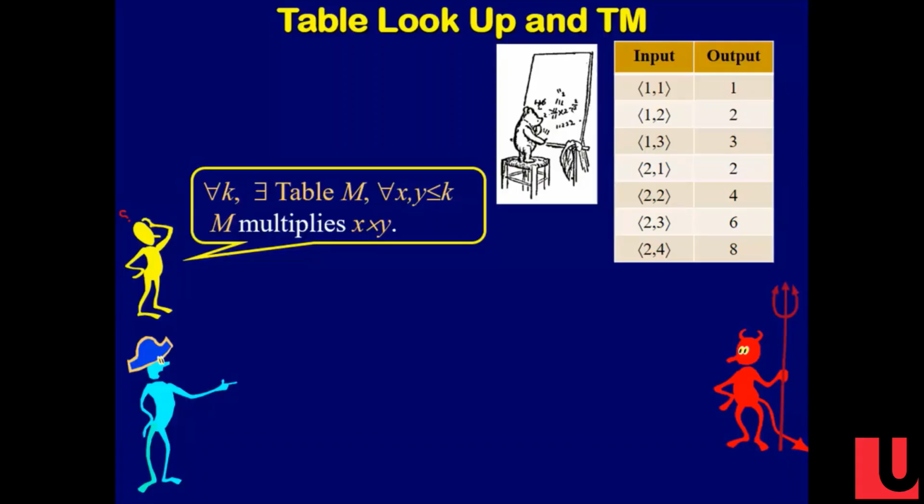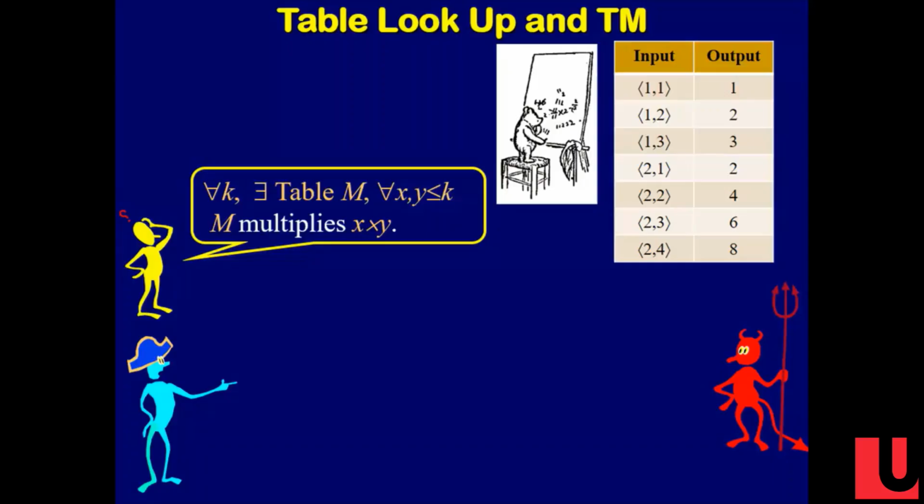Tell me something about k and M. What we're saying is, does M have the property that it can multiply every pair of integers that are bounded by k? We're trying to say something about M and k, a property of M and k. And the property is, M can multiply every pair of numbers that's bounded by k. Everybody see that as a property of M and k?